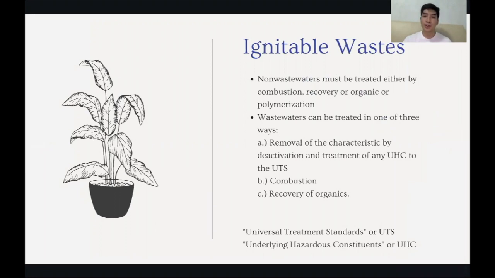Wastewaters can be treated in one of three ways: removal of characteristic by deactivation and treatment of any UHC to the UTS, combustion, or recovery of organics. UTS means Universal Treatment Standard, and UHC means underlying hazardous constituents.